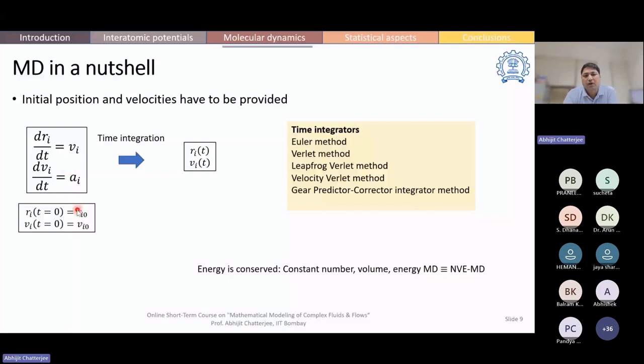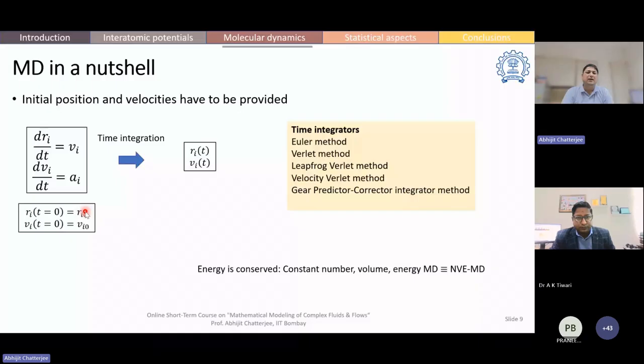So an important consideration is that, remember, this is a system of ordinary differential equations. So you need to specify the initial condition, which will be the initial position of all atoms and their initial velocities. Okay, an initial position of atoms is fairly easy to set up because you have molecules and you know exactly how you might want to arrange them.